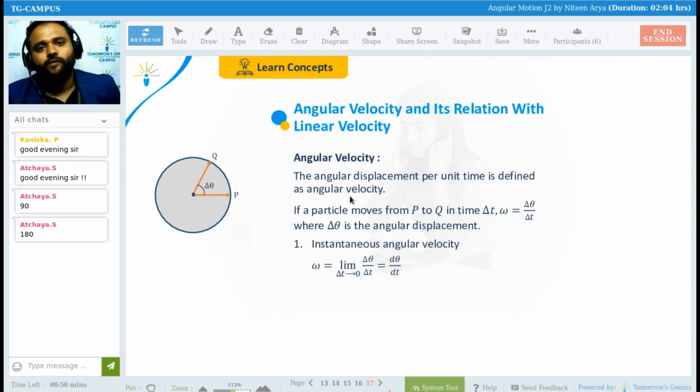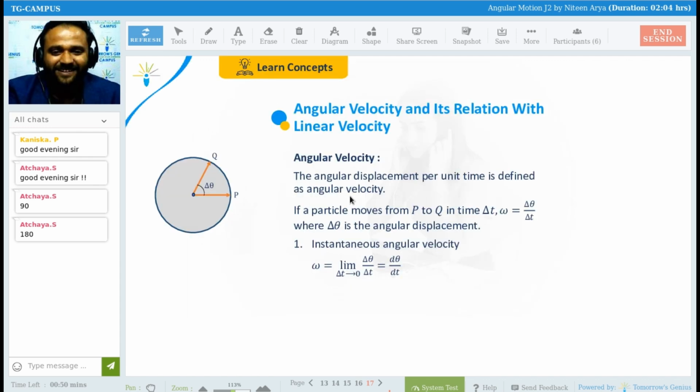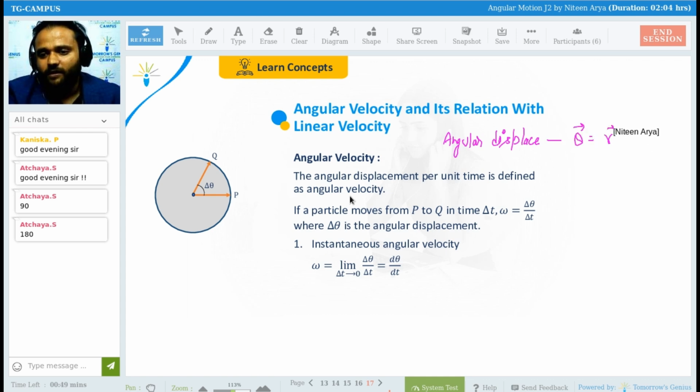So angular velocity: the moment we know this relation, theta, or you can say angular displacement. This terminology is going to help you a lot. Theta is r cross s, right?